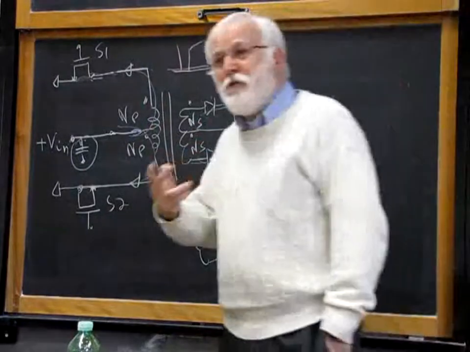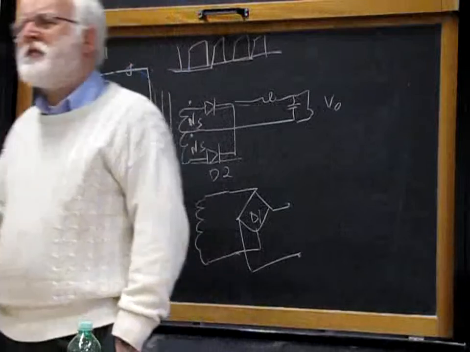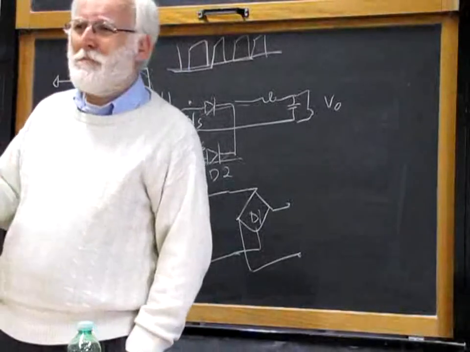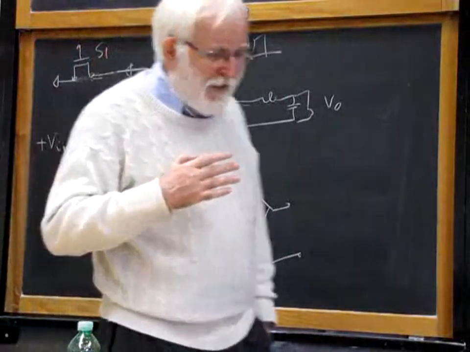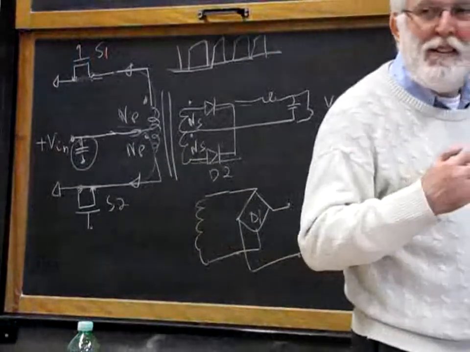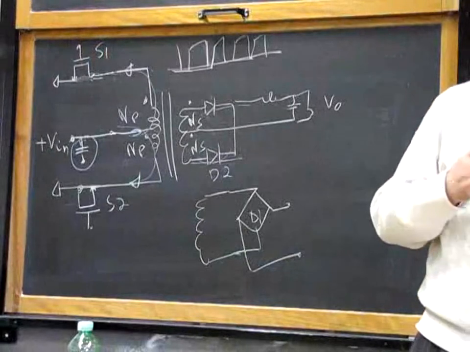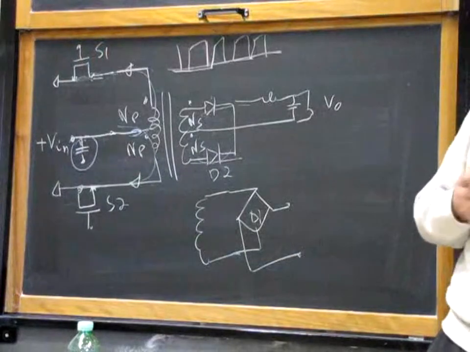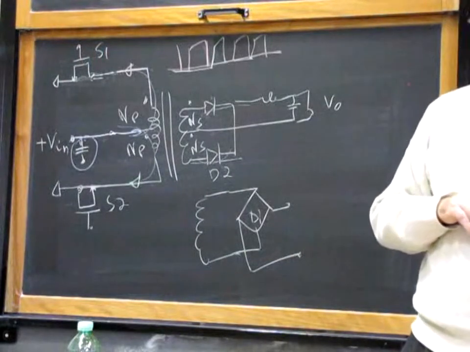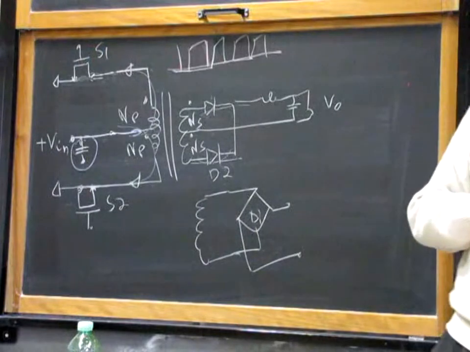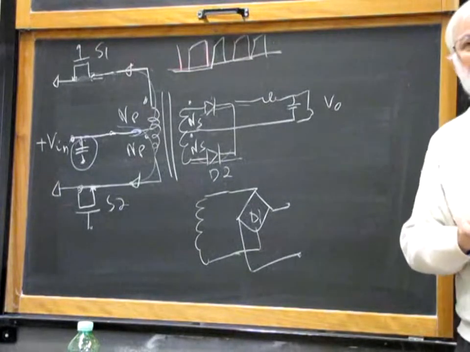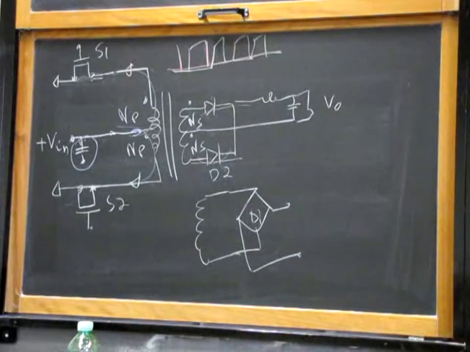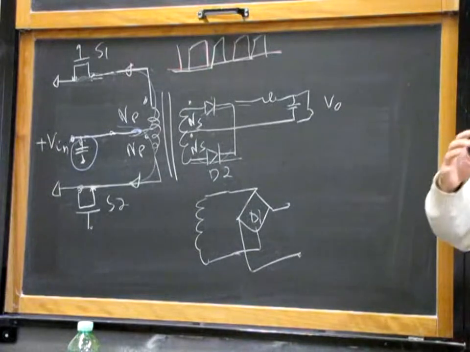And I told you that you have two ways, actually there's a third one but I don't want to teach it because it's bad. You have two ways to control the flux runaway, that is the imbalance on the voltage applied to the primary winding. What are these two ways? A capacitor in series that absorbs this small DC imbalance, or current mode, because the current mode monitors the total input current.